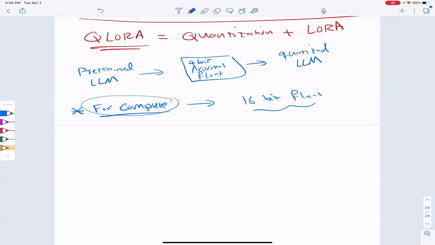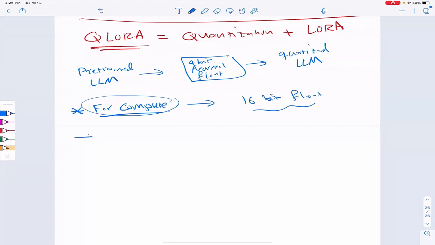And they have made other contributions in terms of really pushing the storage of the model to as low as possible.